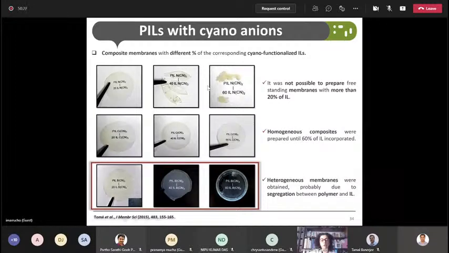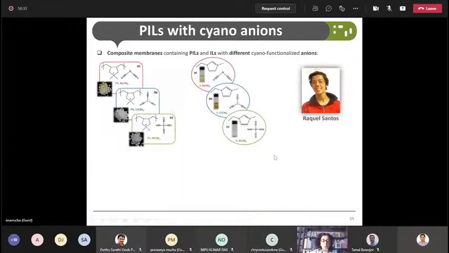Despite that, all of these composites are homogeneous, with 60% of ionic liquid incorporated. And so those are the ones that we are going to pursue. In order to tune the efficiency a little bit, we added ionic liquids.